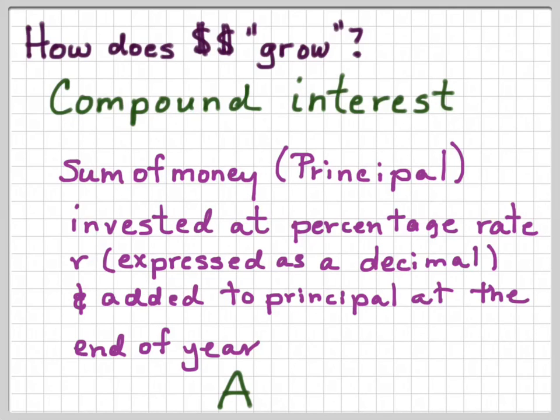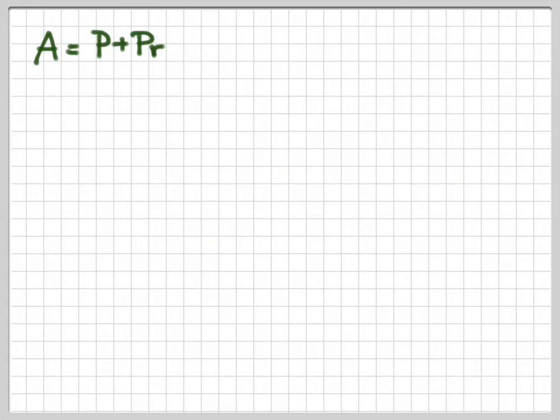And A is going to represent what we have after a compounding period, whether it's a year or a month or a day or whatever. So at the beginning, we start off with our principal, and to that we're going to add principal times interest. And when you add the two things together, you have your new amount that is now going to start earning you interest on that interest and principal.